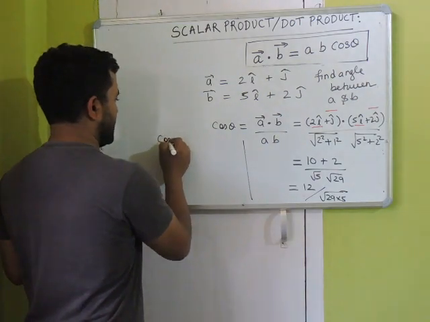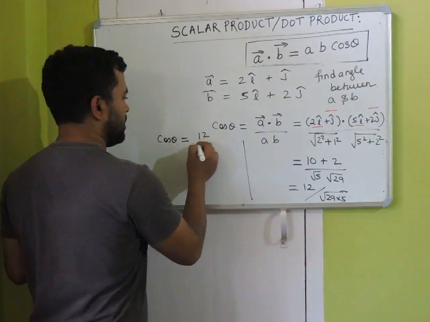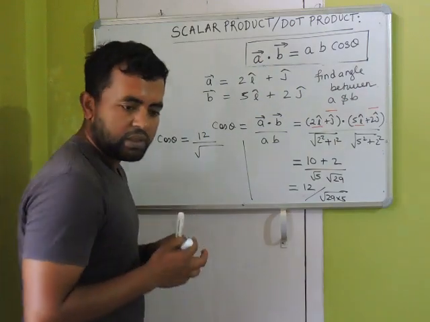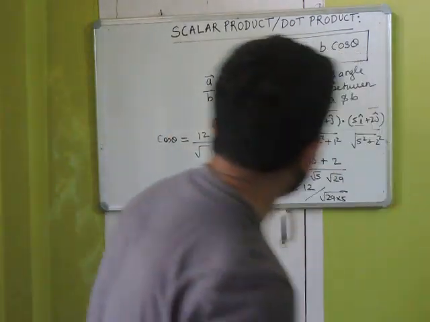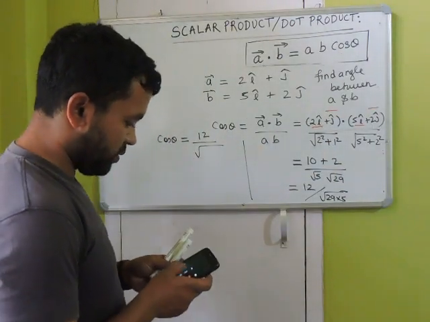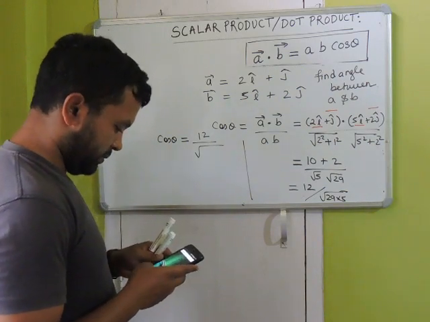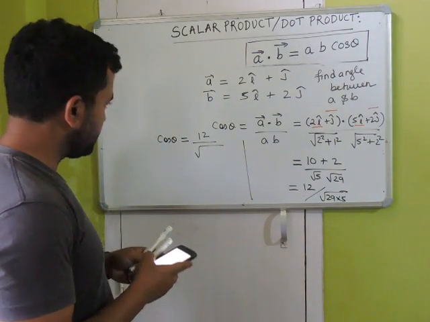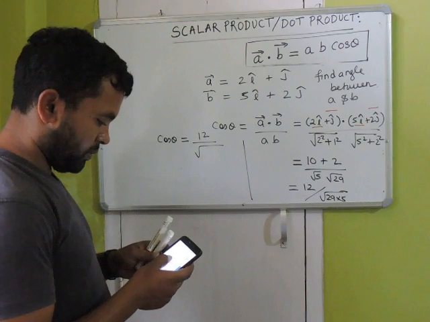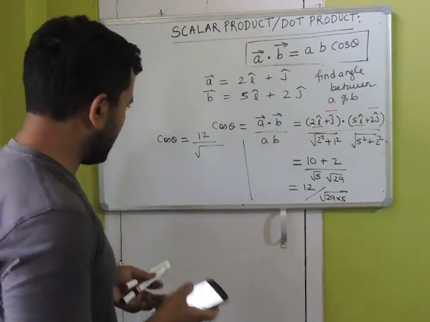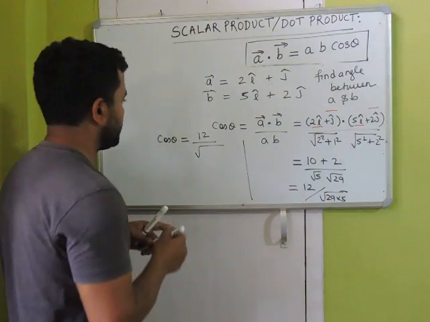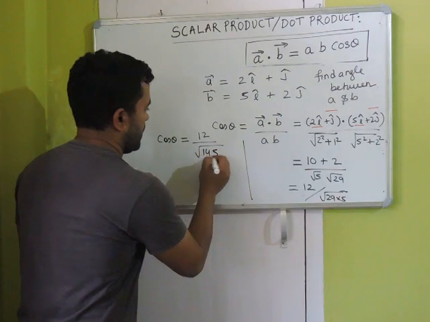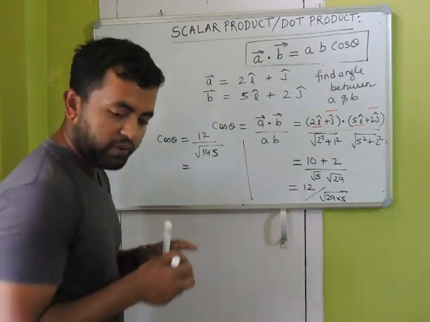So cos theta will be equal to 12 by root, let us find it out, what is 29 into 5. 29 into 5 is 145, and let us take root of it.